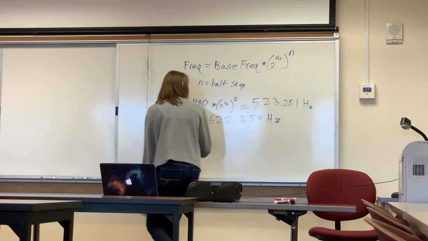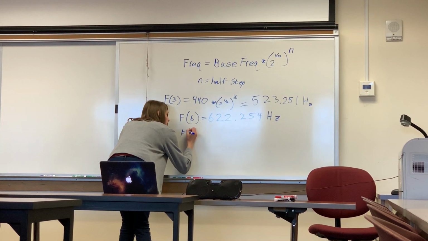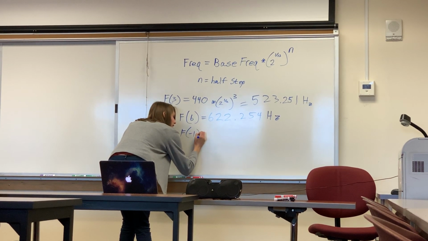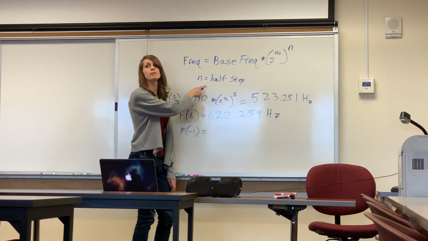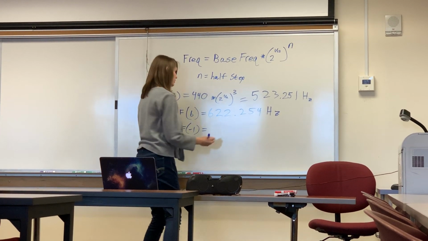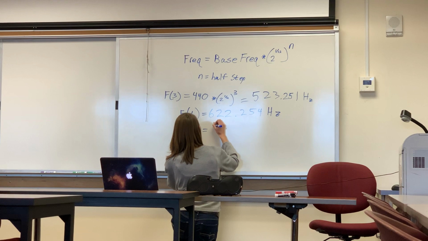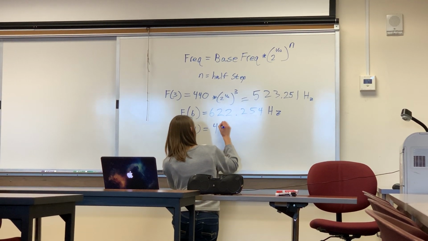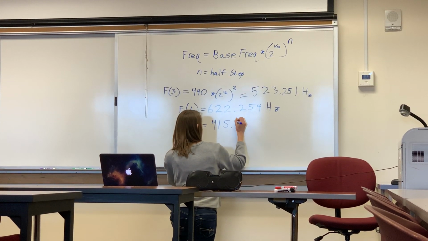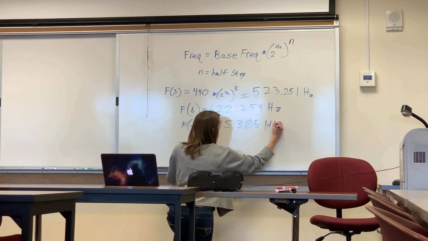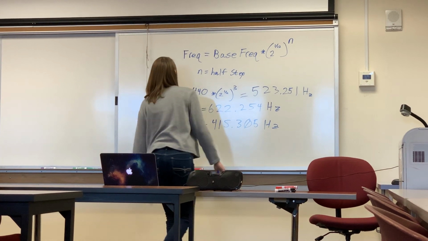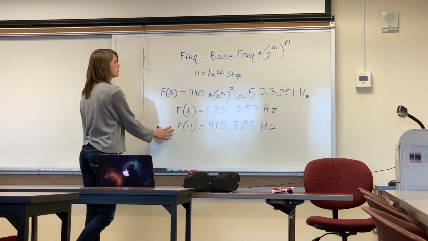Cool. Now I'm going to evaluate one more. Let's say -1 means that we are going 1 half step below our base pitch. So this is going to be slightly below 440 hertz. It's 415.305 hertz.